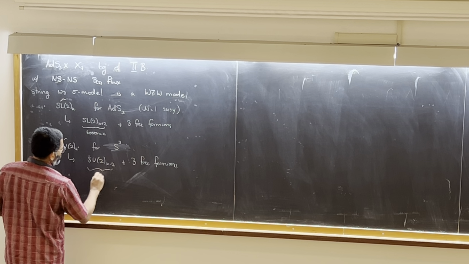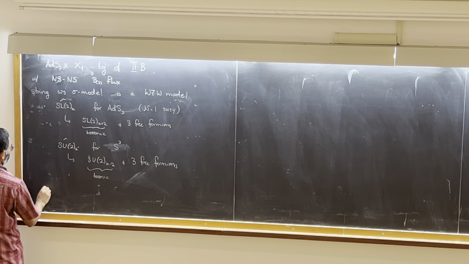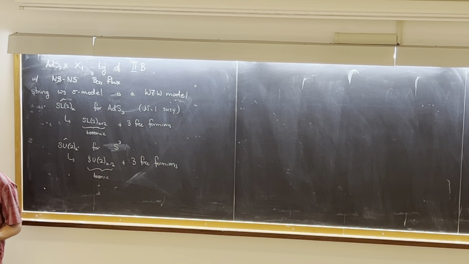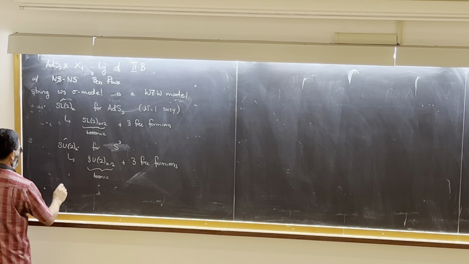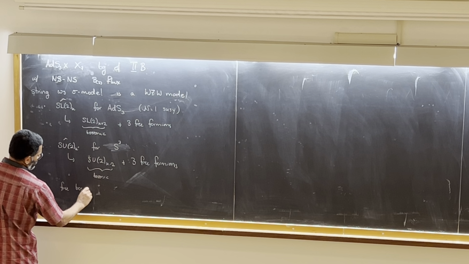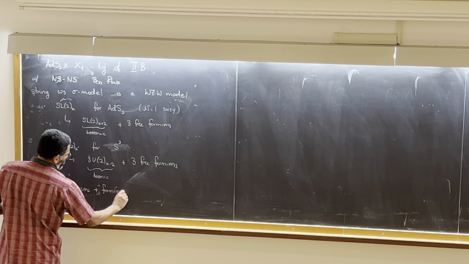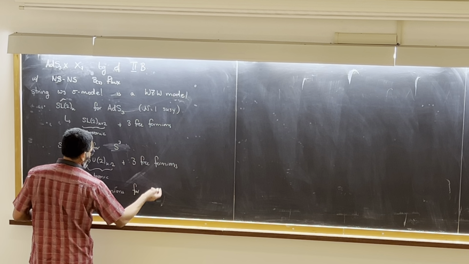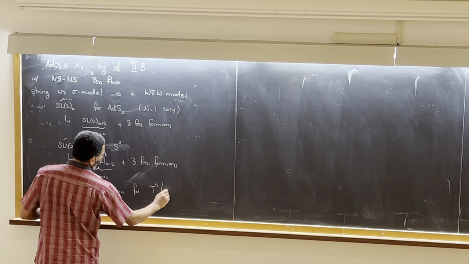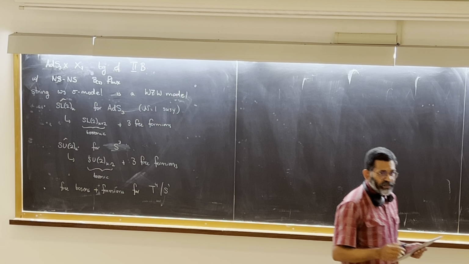And this is bosonic. And finally, if you have the circle or the T4, they're just given by free bosons and fermions. And I'll take those bosons to be compact so that they have discrete spectrum. Okay, so just winding and momentum.